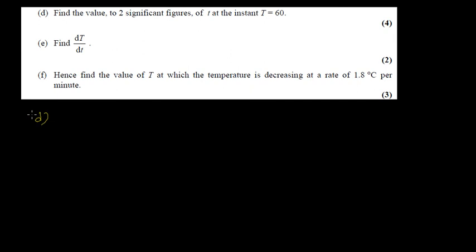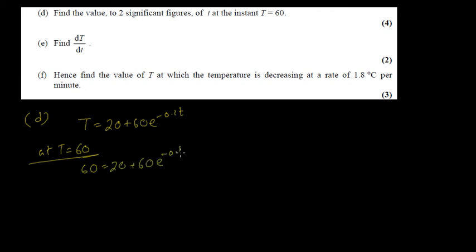Now in question number D, you have to find when T equals 60, what is the value of the time. So T equals 20 plus 60 e to the power minus 0.1t. At T equals 60, we can write 60 equals 20 plus 60 e to the power minus 0.1t.